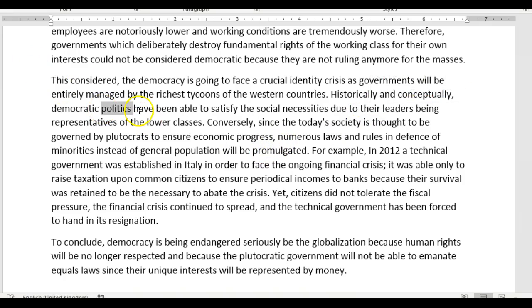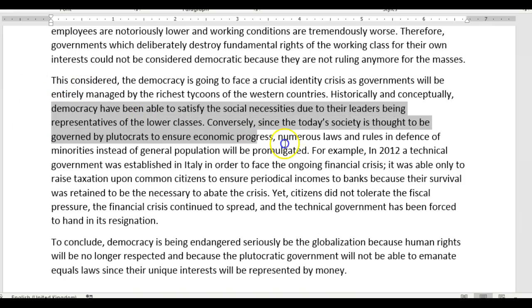I would suggest you do this: Democracy has been able to satisfy the social necessities of countries that use this political system as a basis due to their leaders being representatives of the lower classes. I mean, the concept is complicated, but you cannot simply say this. You need to add what I have just said.